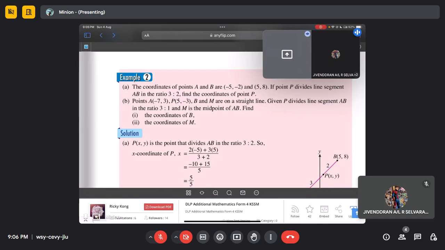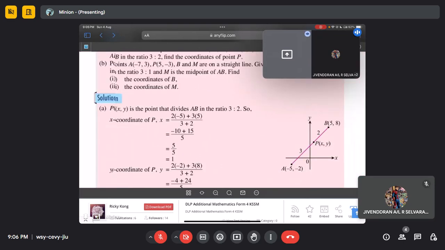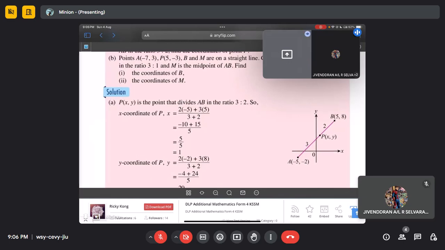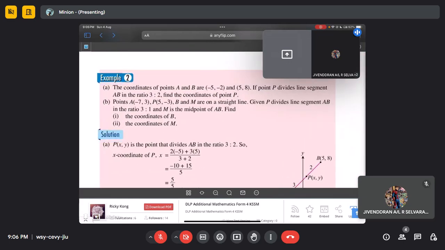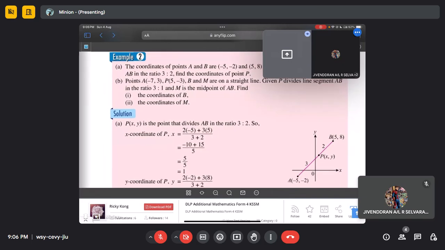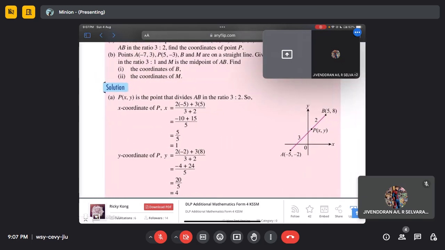If point P divides line segment AB in the ratio of 3:2, find the coordinates of point P. So for P, we don't know the coordinate, but you know A and B. They also give you 3 and 2, which is the m and n, the ratio. Let's solve x first. They want you to find the coordinate of P, so it would be (x, y).